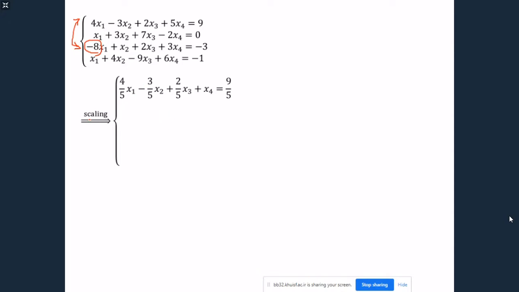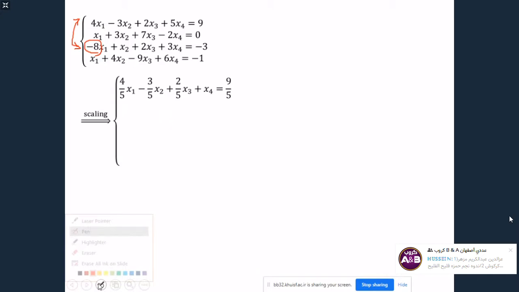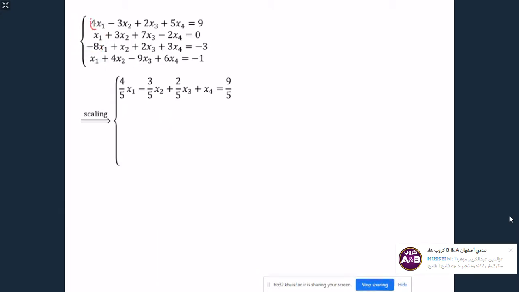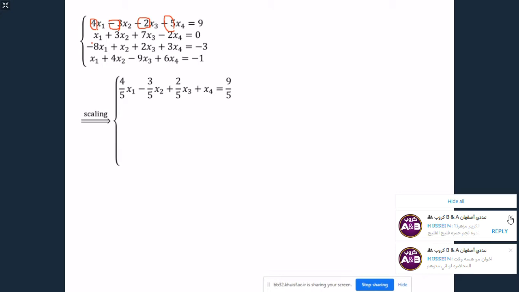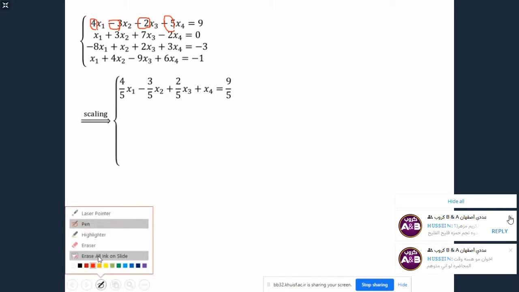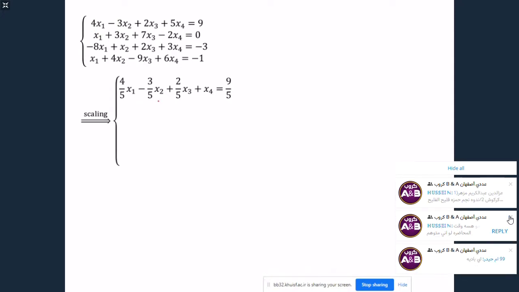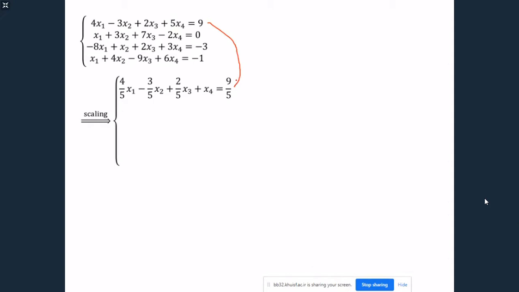Excuse me. First of all, scaling. We have 4, minus 3, 2, 5 in the first row. So the maximum in absolute value will be 5. So we divide the first row by 5: 4 divided by 5 x1, minus 3 divided by 5 x2, and finally 9 divided by 5.